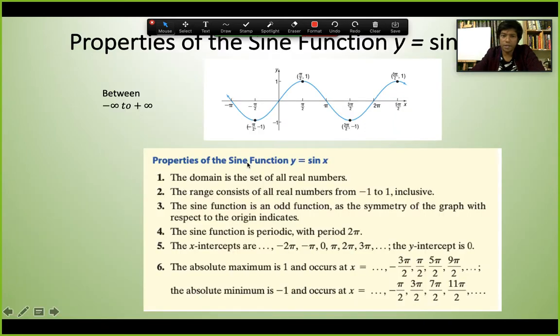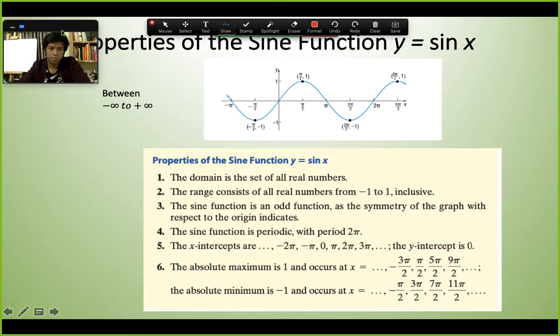So let's look at what we can see from this graph. First of all, for the input of sine x, we can put any value you want here. You can put 0 degrees, 20 degrees, 400 degrees, 4000 degrees, whatever you want, and some answer will come in the calculator.